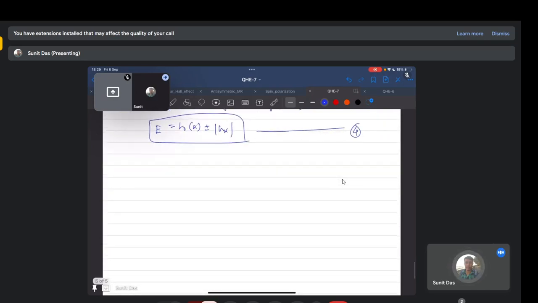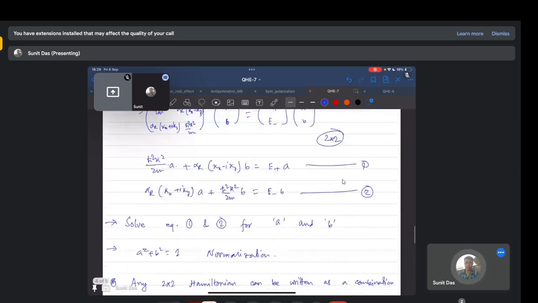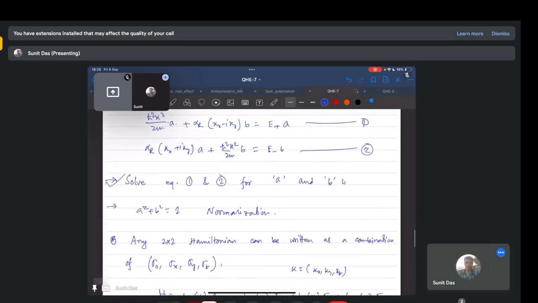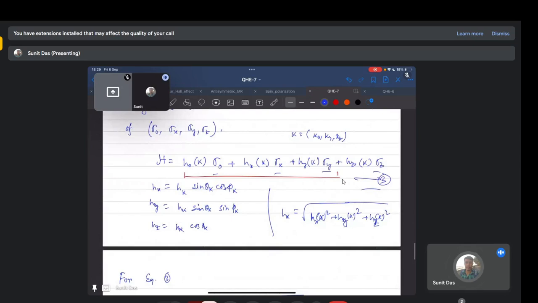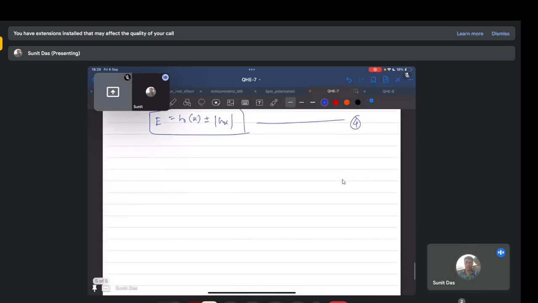And if you follow these two processes for this Hamiltonian 3, you will have a general expression of eigenvectors for any 2 by 2 matrix, which we denote by u plus of k, with e to the power minus i phi k and sine theta k by 2.